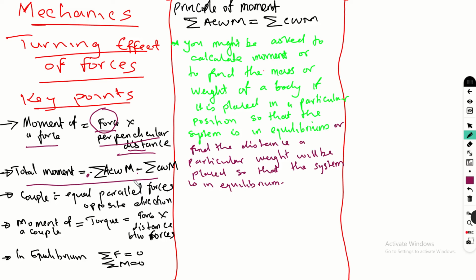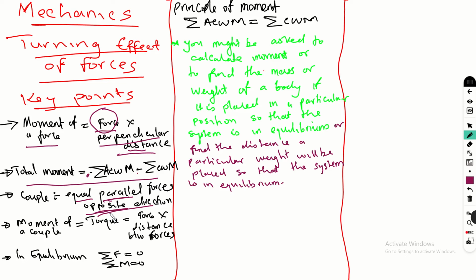Now, a couple is a pair of forces that are equal and parallel, but acting in opposite directions. Take note: they're equal, they are parallel, but they are acting in opposite directions. Examples of a couple are steering a car or riding a bicycle, where you have your two hands.